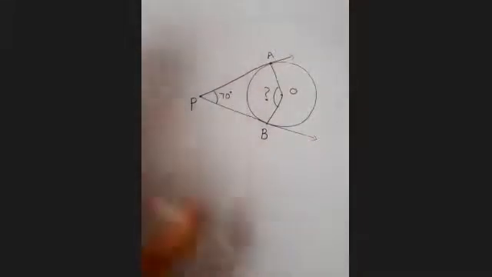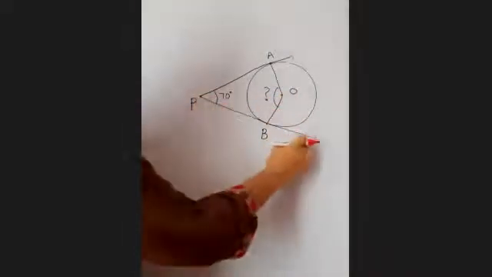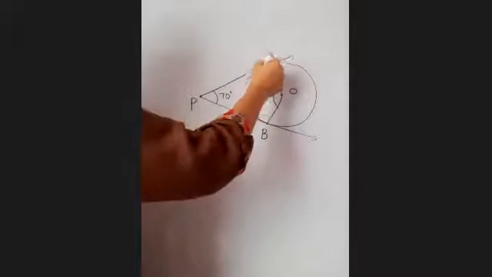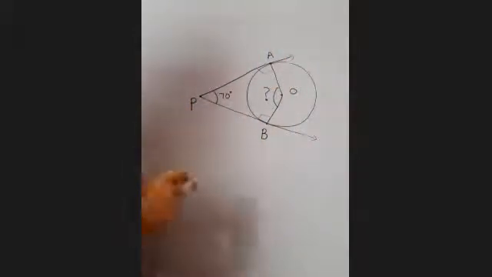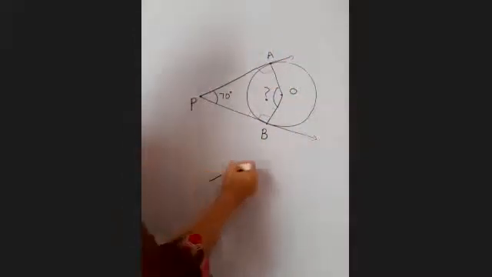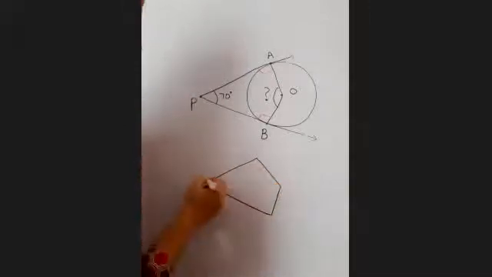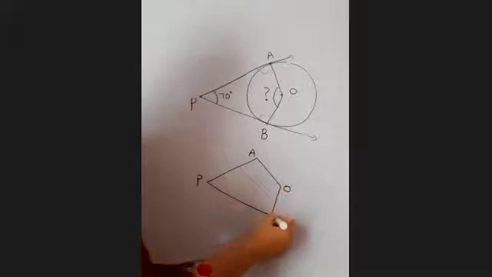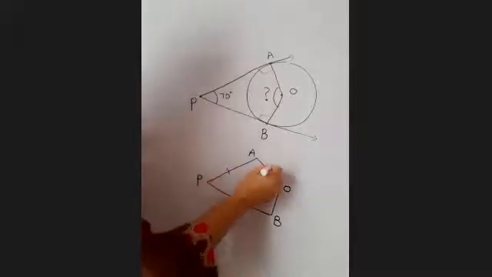So here now let's see. OB is a radius. PB is a tangent. What will be this angle? 90 degree. Same here also, 90. Now if you look at this, PAO, is it a quadrilateral? Yes, ma'am. 1, 2, 3, total 4.